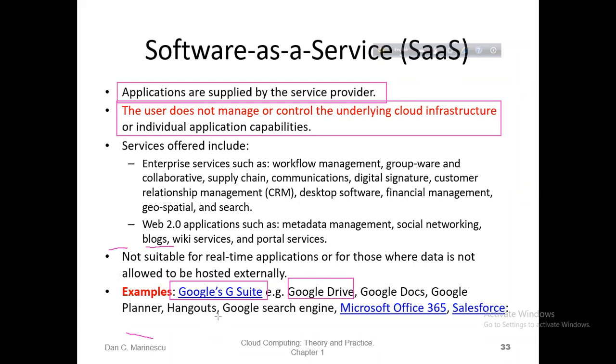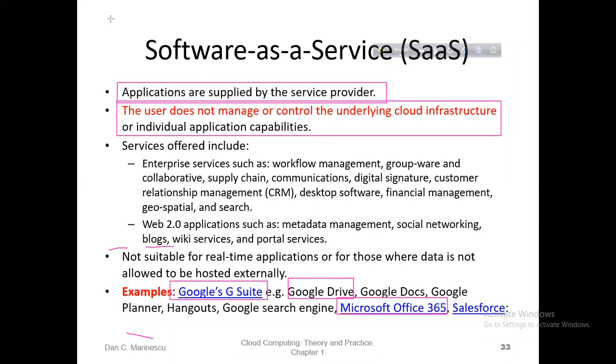Microsoft Office, for example, Office 365. Sir, does it also include Google's G Suite for enterprise and educational? Because educational has some limitation. Google G Suite, this is a paid one, right? First of all. Yes, sir.